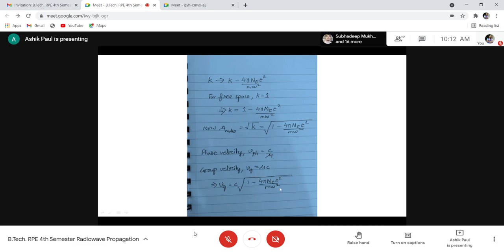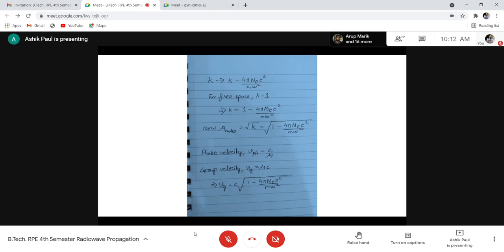So this entire term becomes smaller. So the group velocity also becomes smaller. So practically speaking, this is actually leading us to the condition for reflection of radio waves.